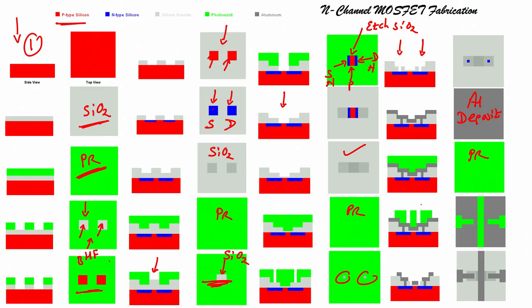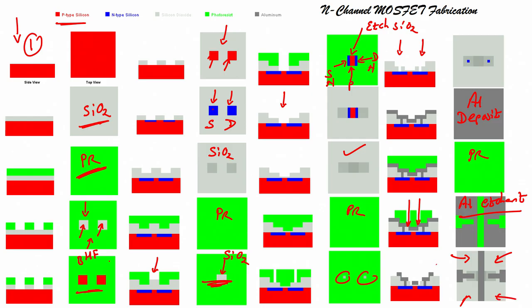Then you have to etch the metal from there, so you dip this wafer in an aluminum etchant. When you do that, the aluminum from the rest of the area will get etched.